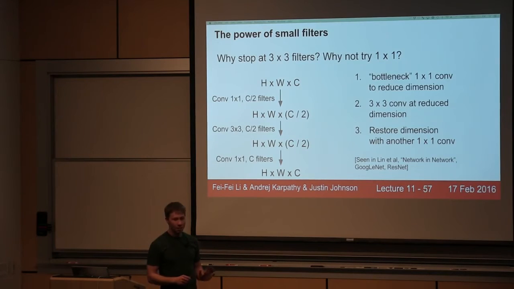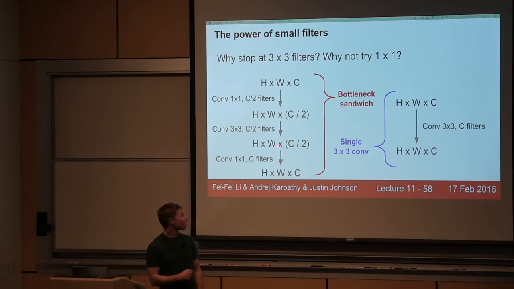This is kind of a funky architecture. This idea of using 1x1 convolutions everywhere is sometimes called network in network, because a 1x1 convolution is similar to sliding a fully connected network over each part of your input volume. This idea also appears in GoogleNet and in ResNet, using these 1x1 bottleneck convolutions.